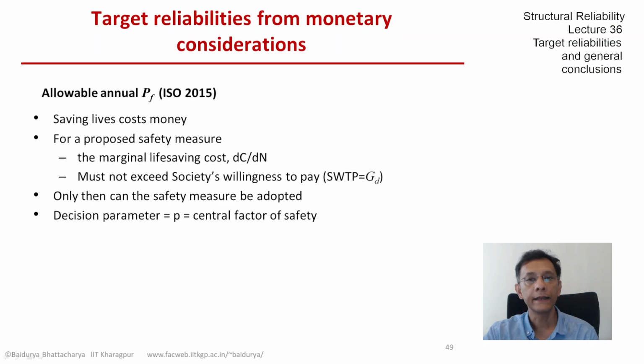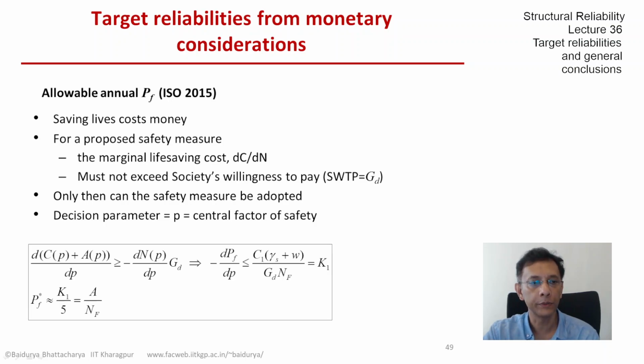Now, taking this thought forward and making one decision variable p, which is the central factor of safety, the mean of strength divided by the mean of load, they developed an optimization problem.